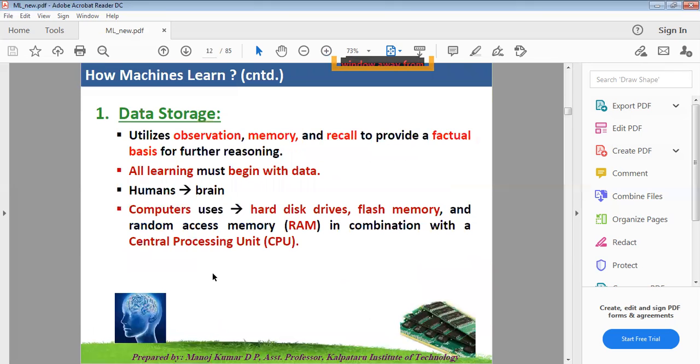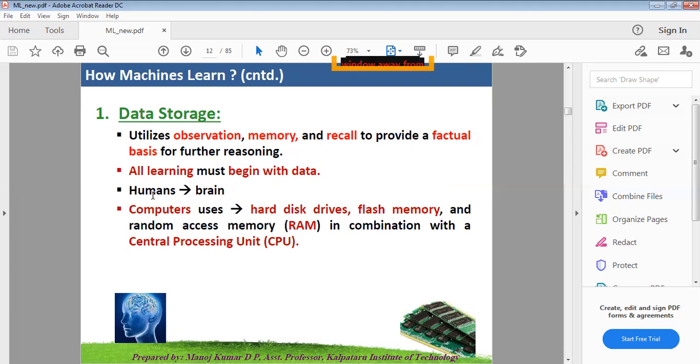Come to storage. Data storage utilizes observation, memory, and recall to provide a factual basis for reasoning. All learning must begin with data. Depending on the data only you will be learning.